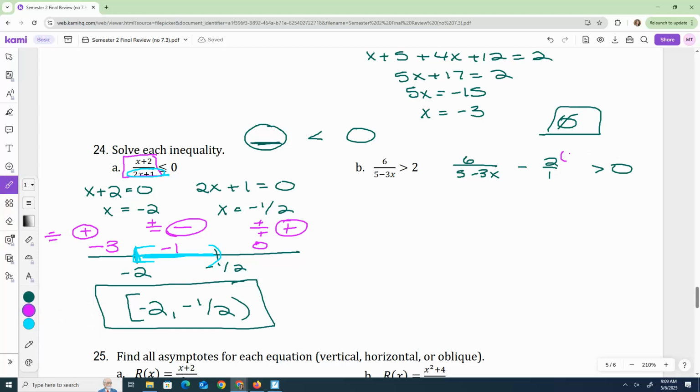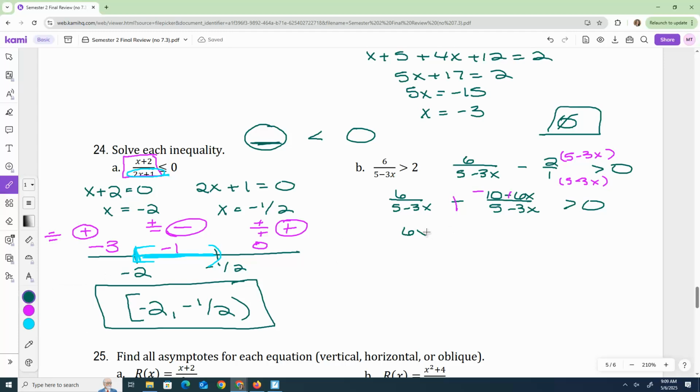So I'm going to have to multiply it by 5 minus 3x on top and bottom. Once we have a common denominator, we can put it together, because it's subtraction, distribute your negative.